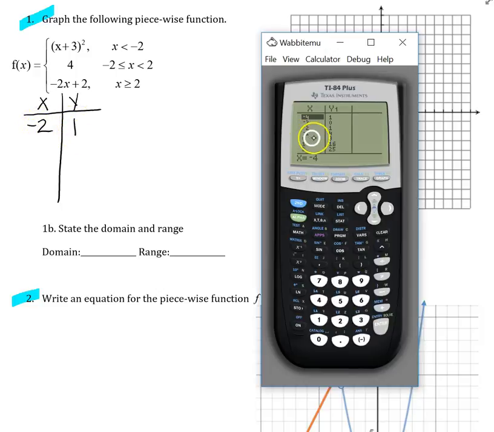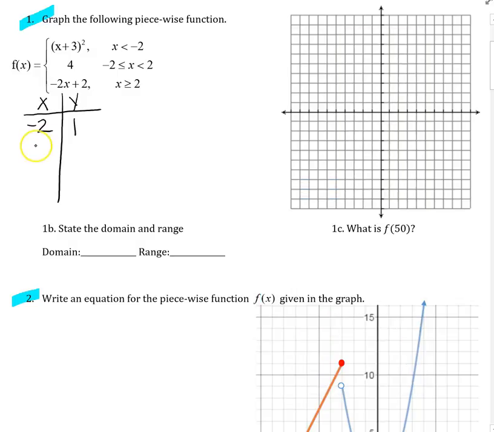And then it looks like I've got -3, 0; -4, 1; and I'll get another one, -5, 4. So we'll write those down.